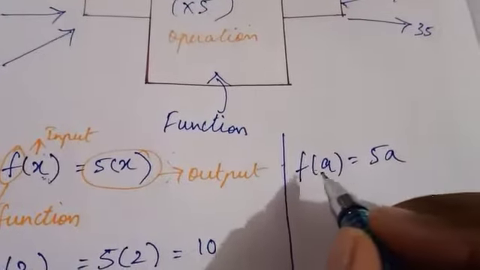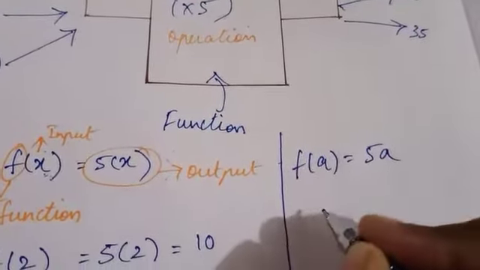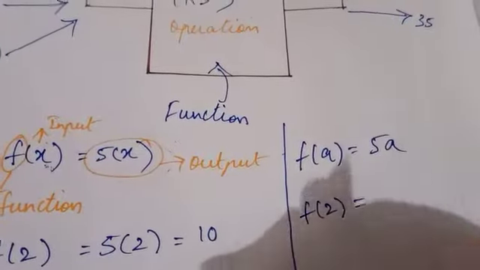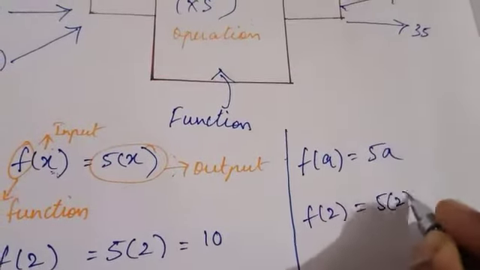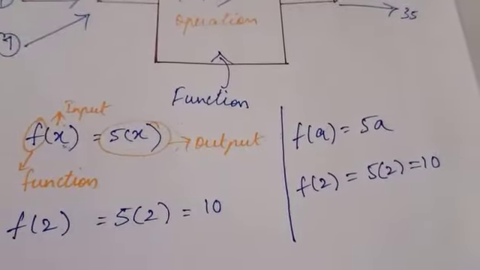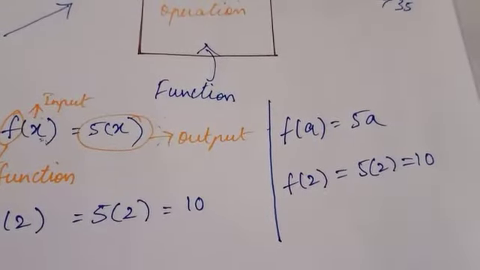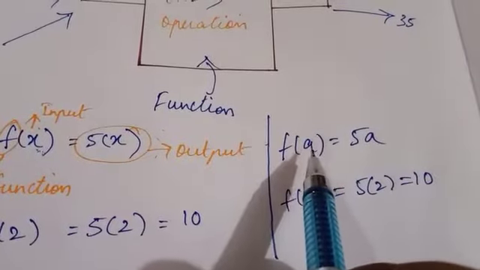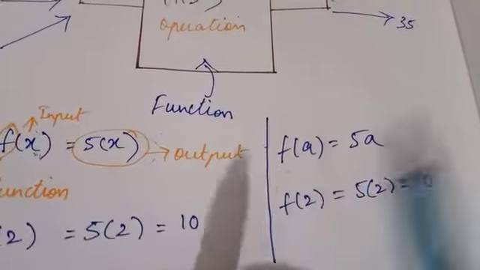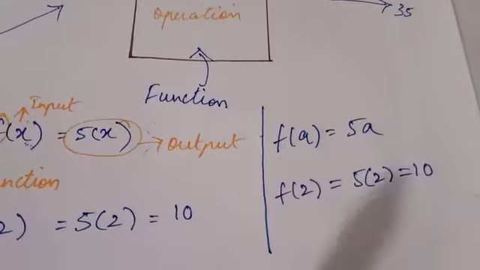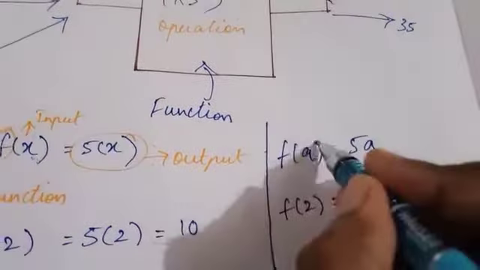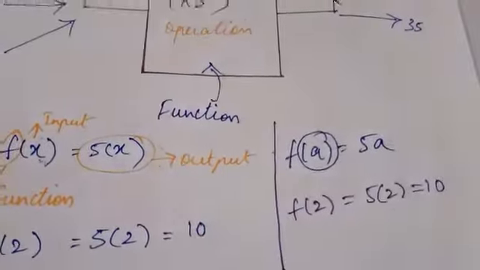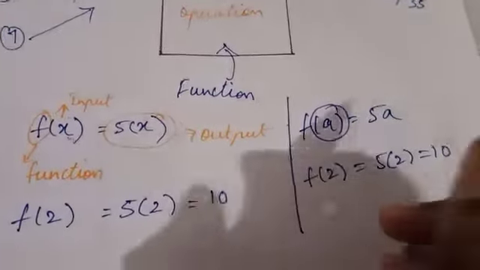If I feed 2 here, then I'll get the output as 10. So f of something is considered as a function.